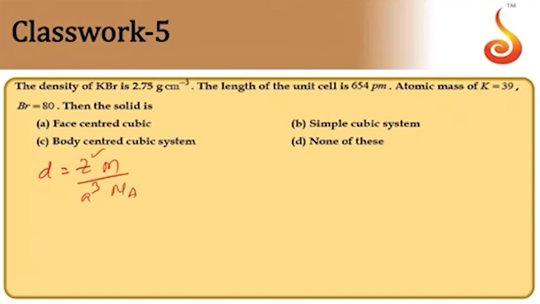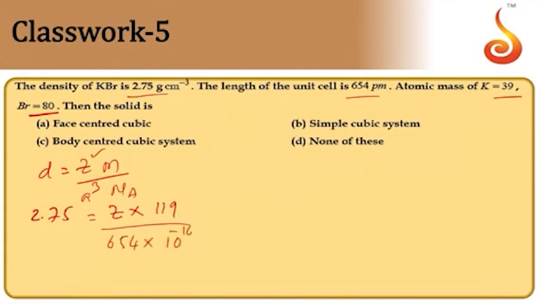So density is given as 2.75. So 2.75 is equal to Z, which is unknown to us, times the molar mass of KBr. So K and then Br, the summation of those two comes to 119, divided by a cube. The edge length is given there as 654. So 654 is in pm. We require it in centimeters because density is in grams per cc.